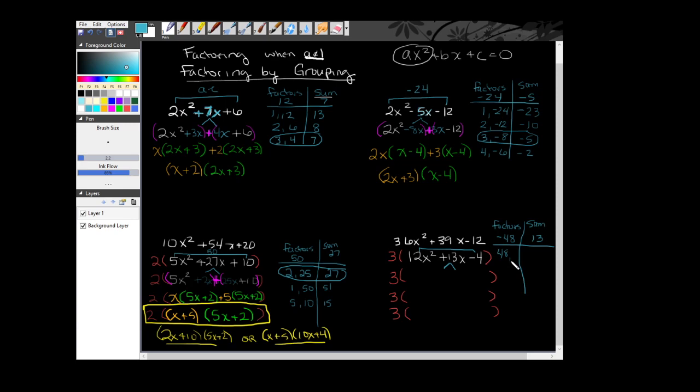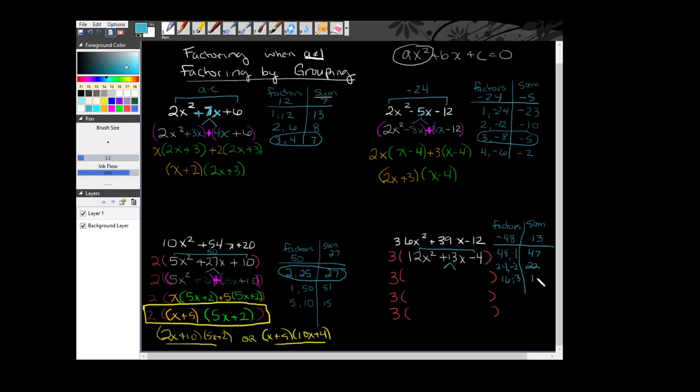So I know 48 and negative 1, because 1 goes into every number. But that gives me 47. I could do negative 2 and 24. But 24 minus 2 is 22. I know negative 3 and 16.